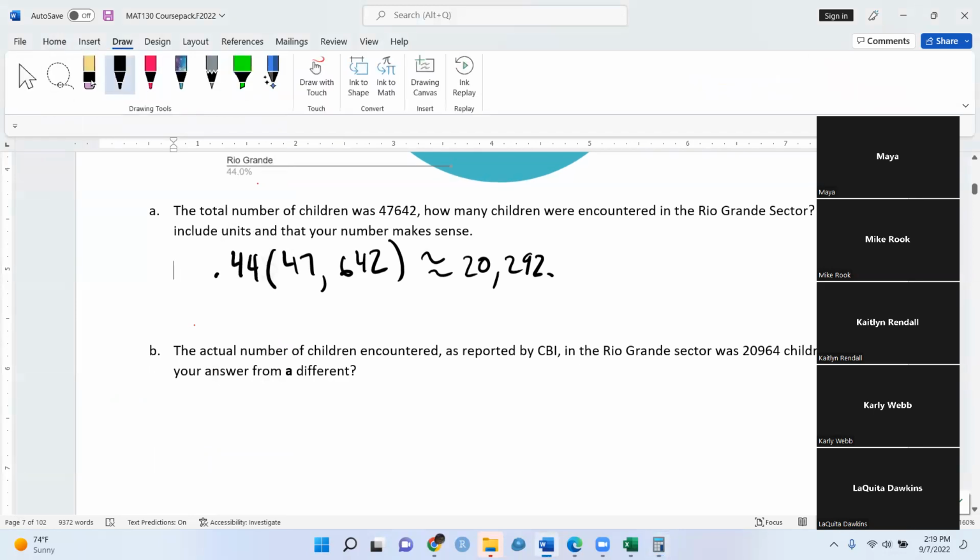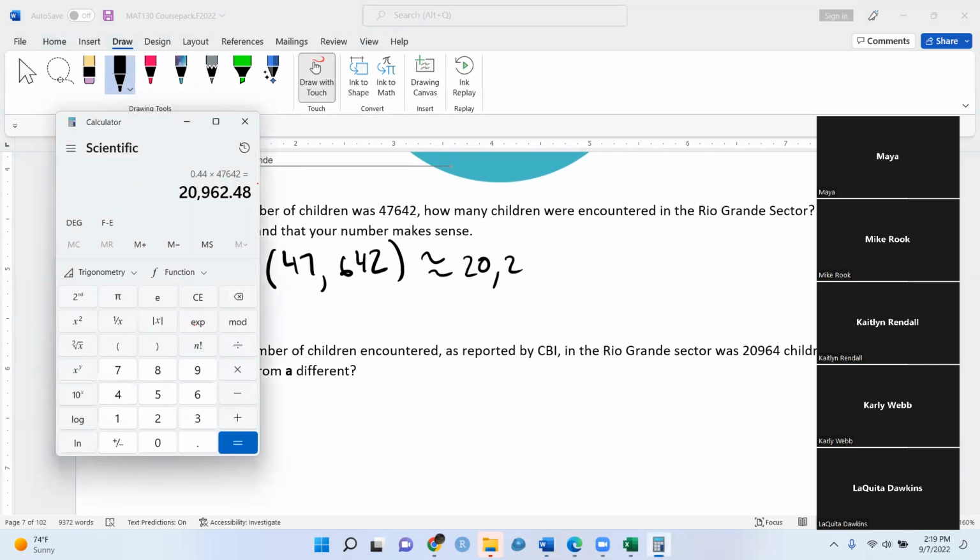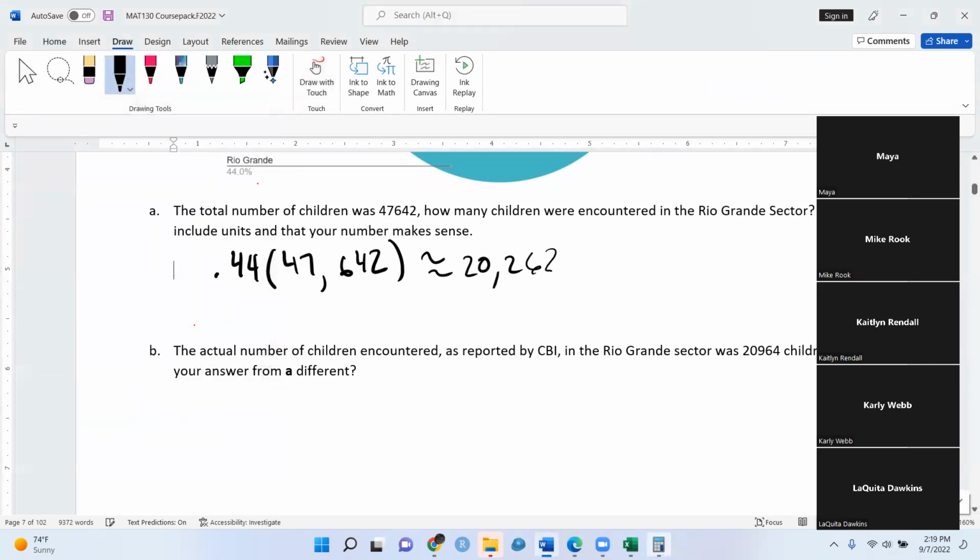Sorry, okay. I gotta get the right number here first. So anytime we do this, you should round appropriately, meaning if it's 5 or greater, add 1. If it's below 5, get rid of it. And in this case, we should not round to the nearest decimal.